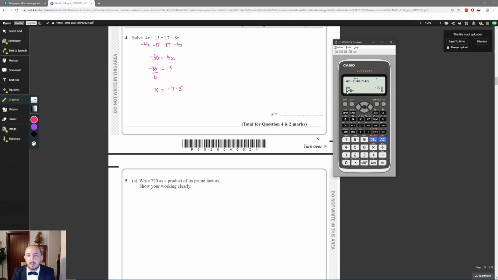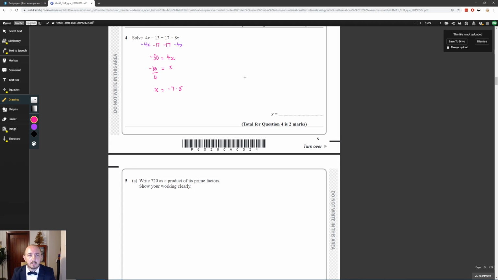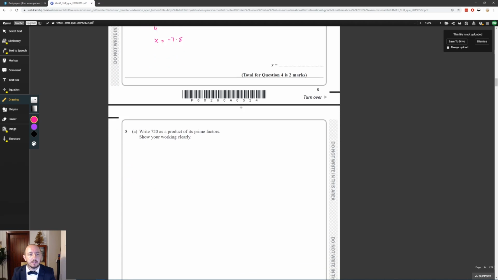And when you see the L minus R, that tells you that the calculator's actually worked out this answer correctly. L minus R equals 0 means that the left hand and the right hand side are equal, so minus 7.5 is the answer there. It's really handy to check your algebra using your calculator.